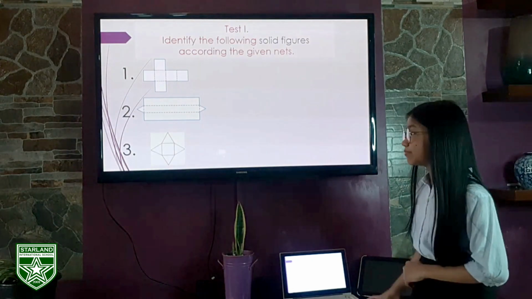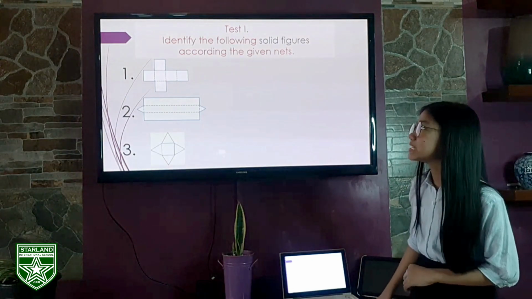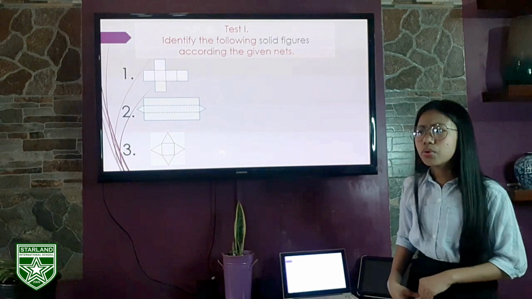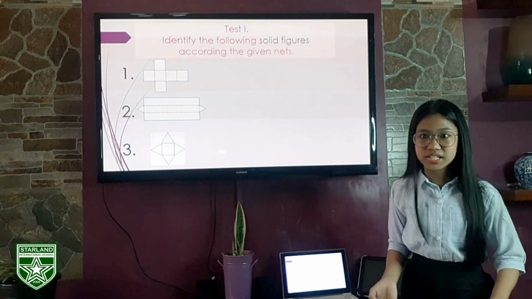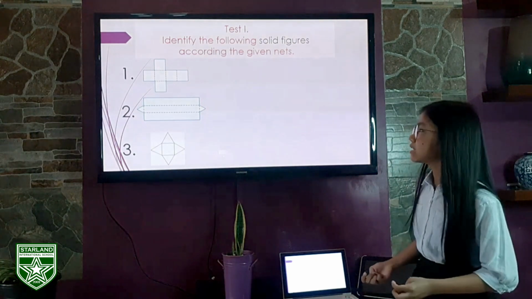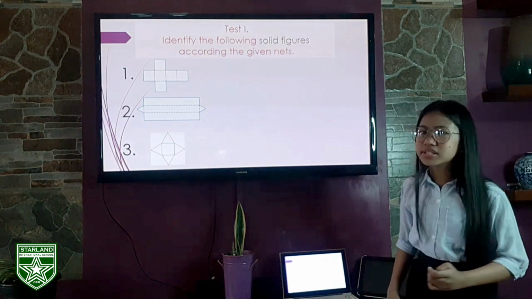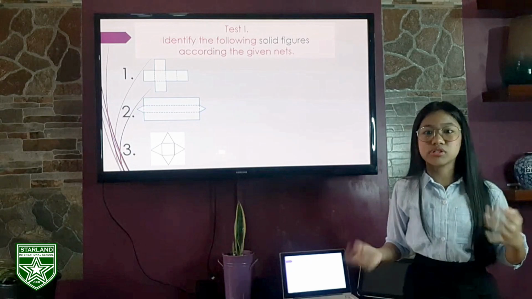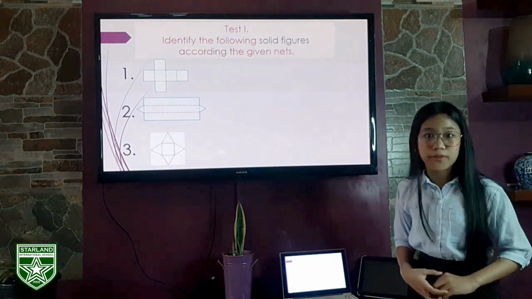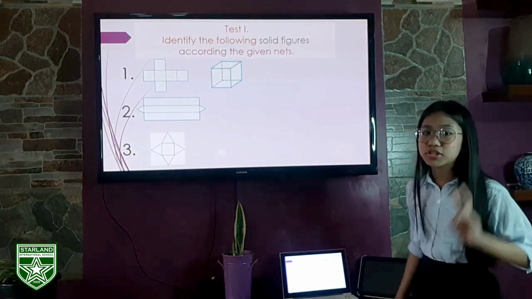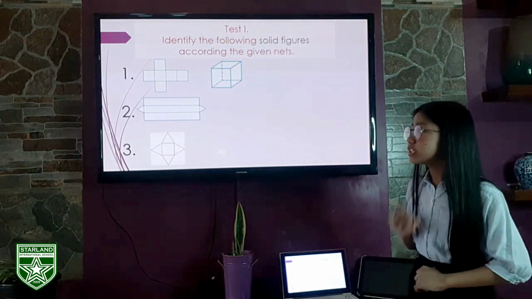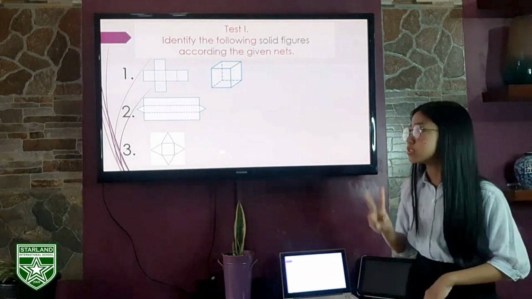Okay, for number 1, we have 6 squares. You may try to think again about what I have discussed earlier, that this net has 6 squares, and what geometric solid or solid figure has 6 square faces. It is a cube. For number 2, we have 3 rectangles and 2 triangles.